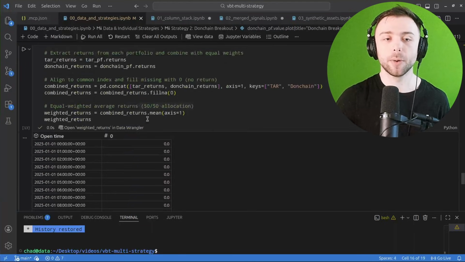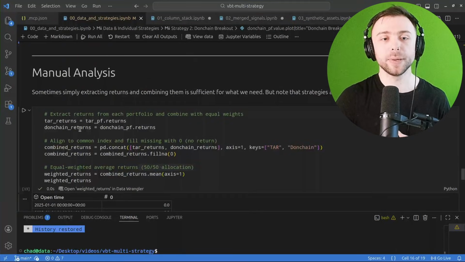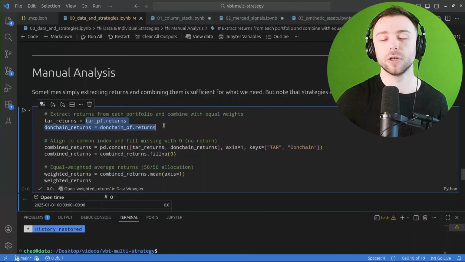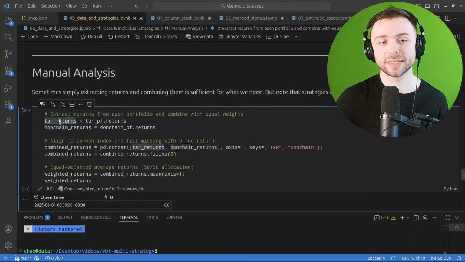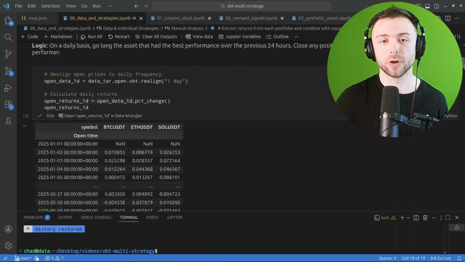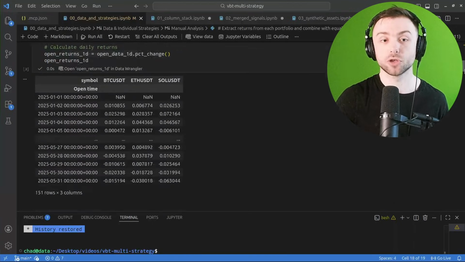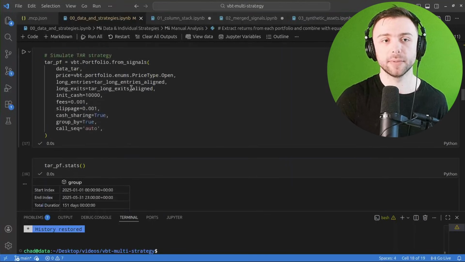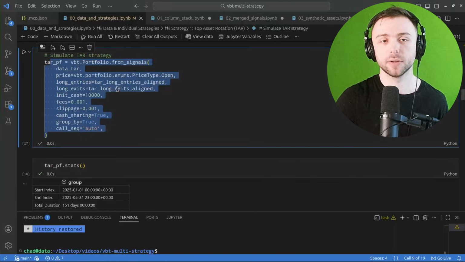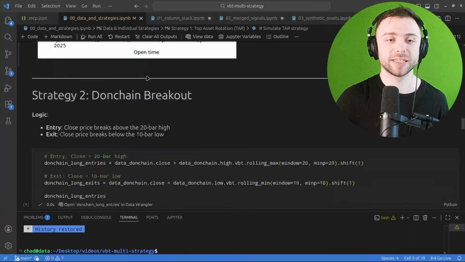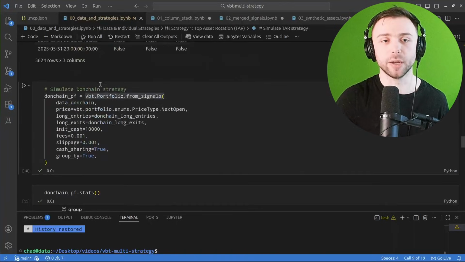And a very simple method of doing things would be to simply pull the returns from both of these separate simulations that have been done. So further up in this notebook, I've gone ahead and calculated the TAR strategy over here as its own portfolio in a separate simulation. And I've done the same thing down here for the Donchian breakout strategy.